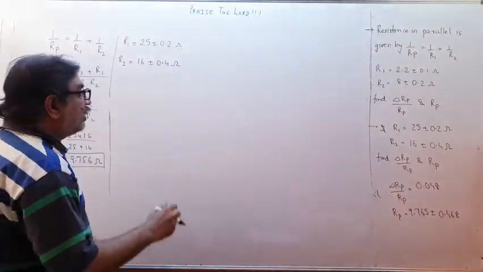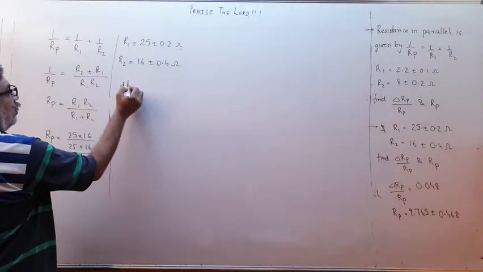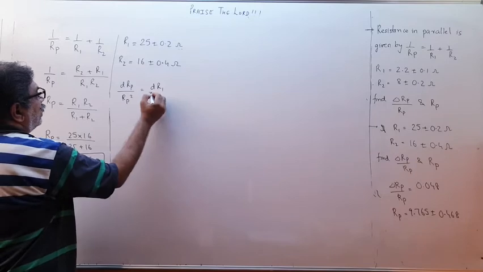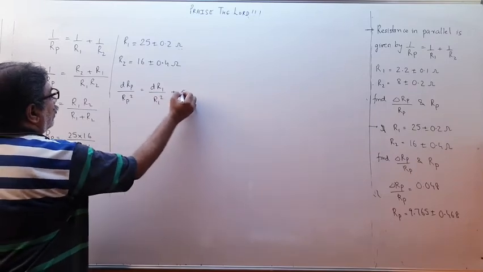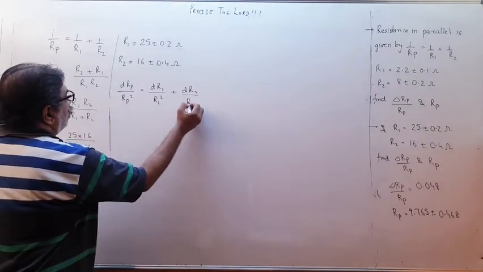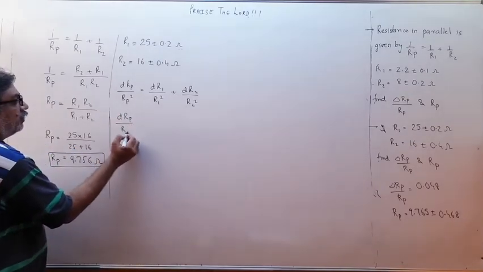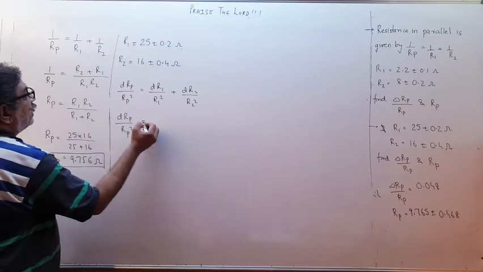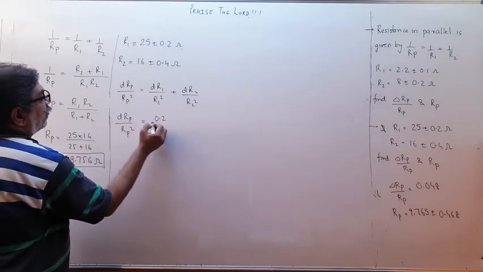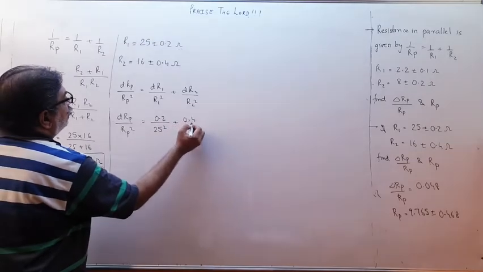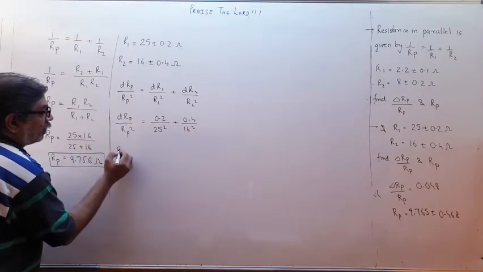What is the second formula? We have already derived: (dRP upon RP) square will be equal to (dR1 upon R1) square plus (dR2 upon R2) square. I can put the values later on. dR1 means 0.2 upon 25 square plus 0.4 upon 16 square.